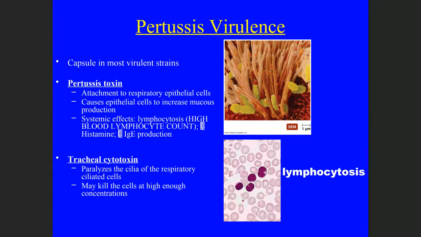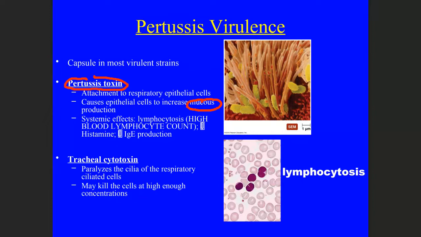One of these toxins is referred to as the pertussis toxin. What this pertussis toxin does, it causes the cells in your respiratory tract to secrete a lot of mucus. So we produce mucus there anyway, but we're talking like 3 or 4 times the normal amount of mucus production. So you develop this really thick layer of mucus there.